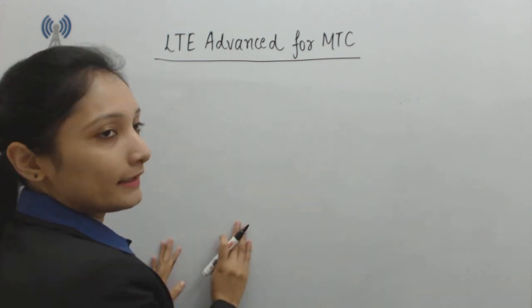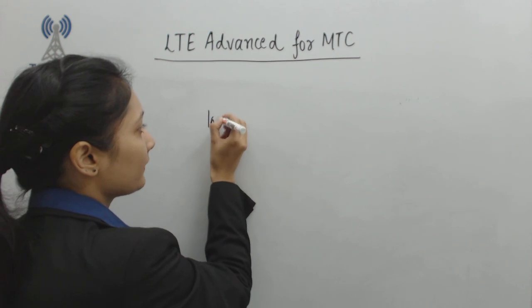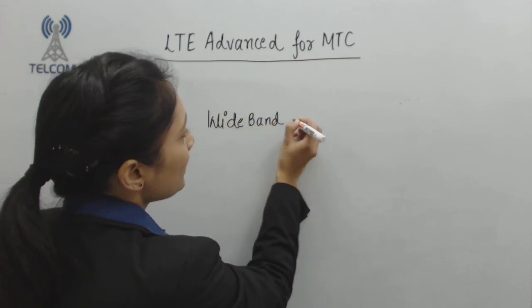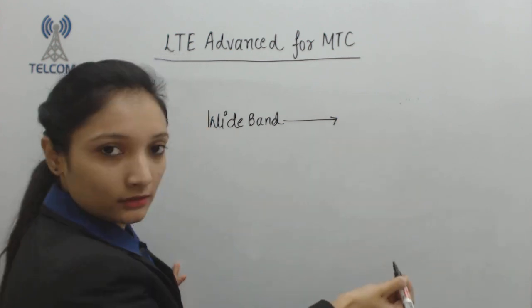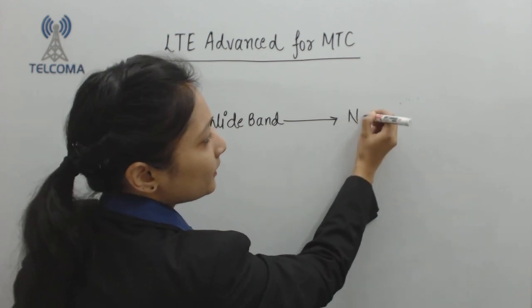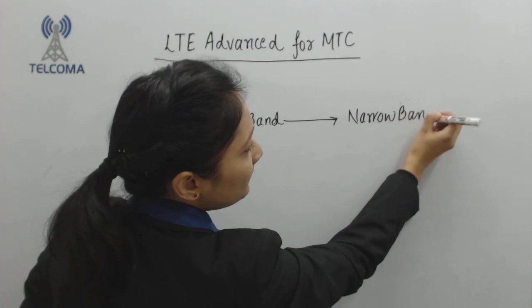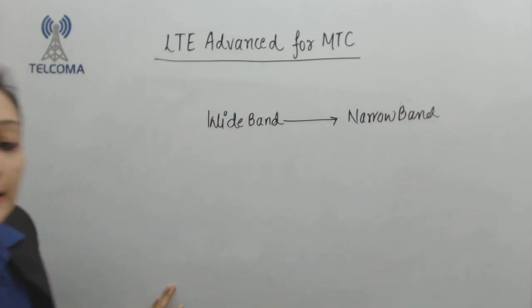So in our regular LTE advanced systems, we had the wide band for transmission, while for MTC we are using the narrow band, because we have narrow band deployment in the GSM subcarriers, and also in the LTE guard band.